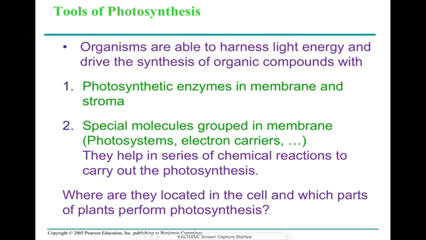And complex proteins called photosystems, and electron carriers. Yes, there are electron carriers in photosynthesis, just like there were electron carriers in cellular respiration. So these are all the tools of photosynthesis: photosynthetic enzymes, special molecules such as chlorophylls, electron carriers, and complex molecules called photosystems, which are actually made of proteins in association with chlorophylls. So these are all the molecules which help in photosynthesis.